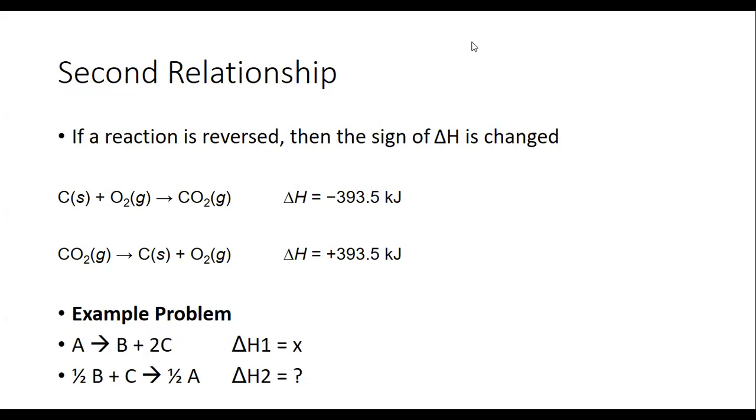Well, if there are no questions, do we have one more? Can I go over an example problem with the second relationship? Sure.